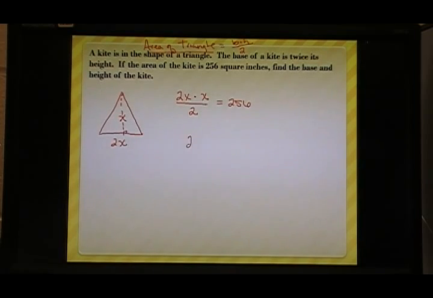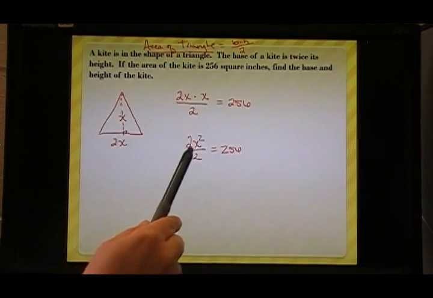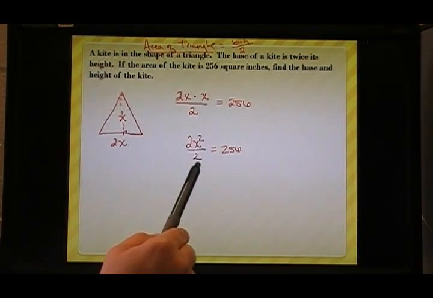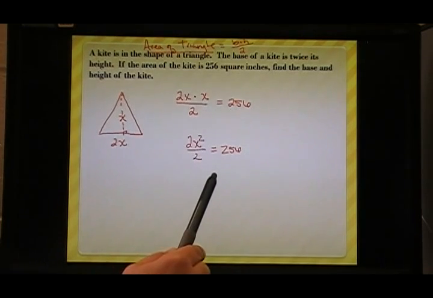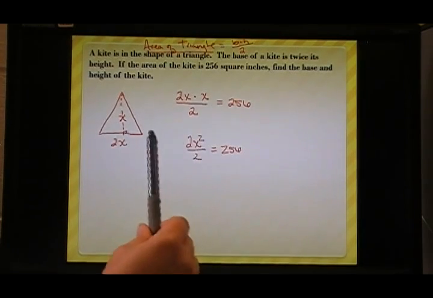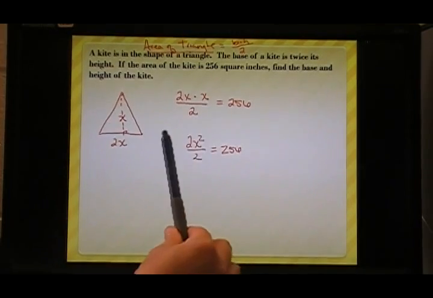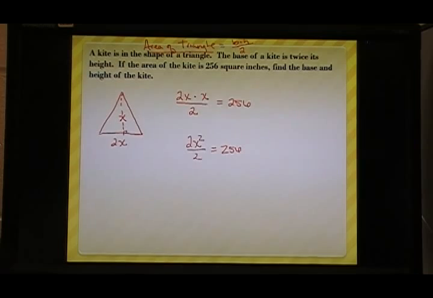Simplifying my numerator, I have 2x squared over 2 equals 256. Now in this case, 2 times x squared over 2, I could cancel these 2's out. Or if I had several terms in the top and they were all divisible by 2, I would go ahead and simplify that way.